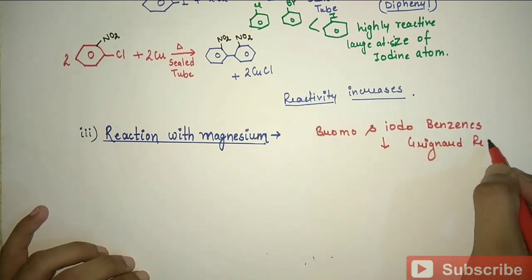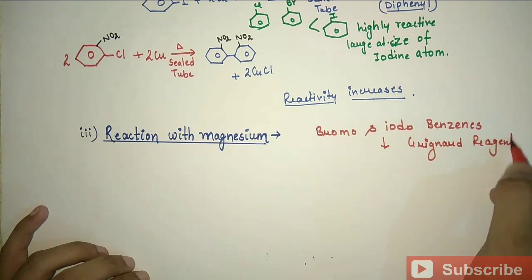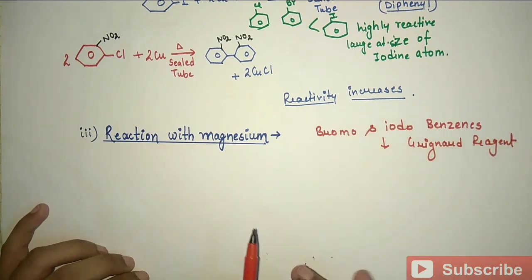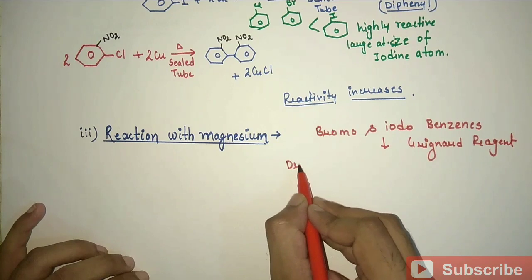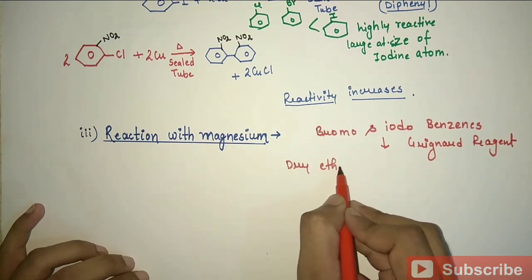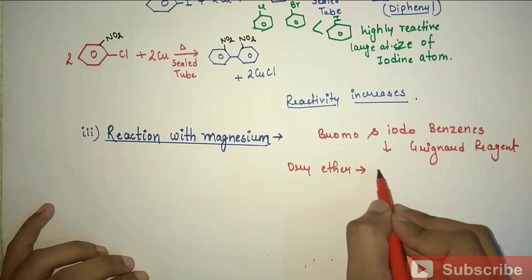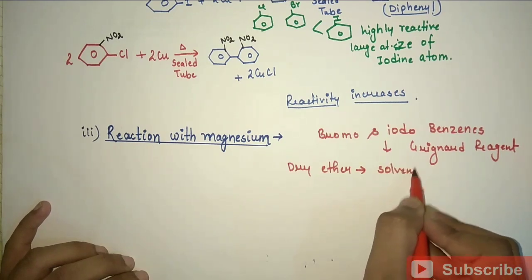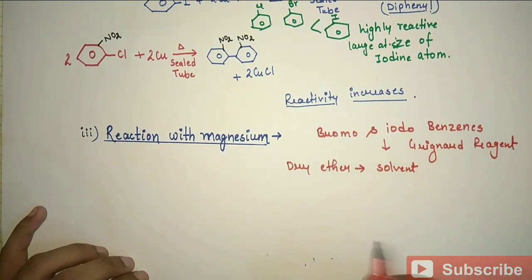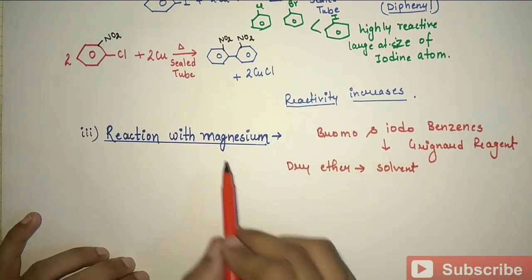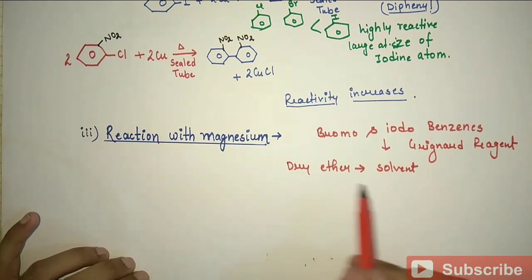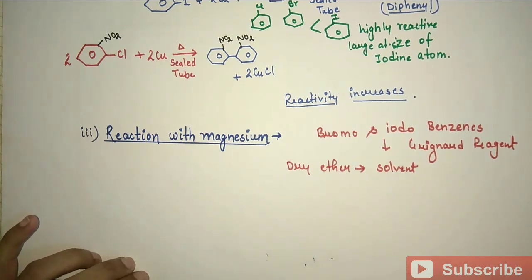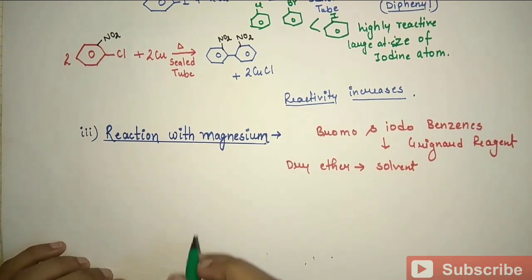They form Grignard reagent when they react with magnesium in the presence of dry ether as a solvent. Now, let's see.